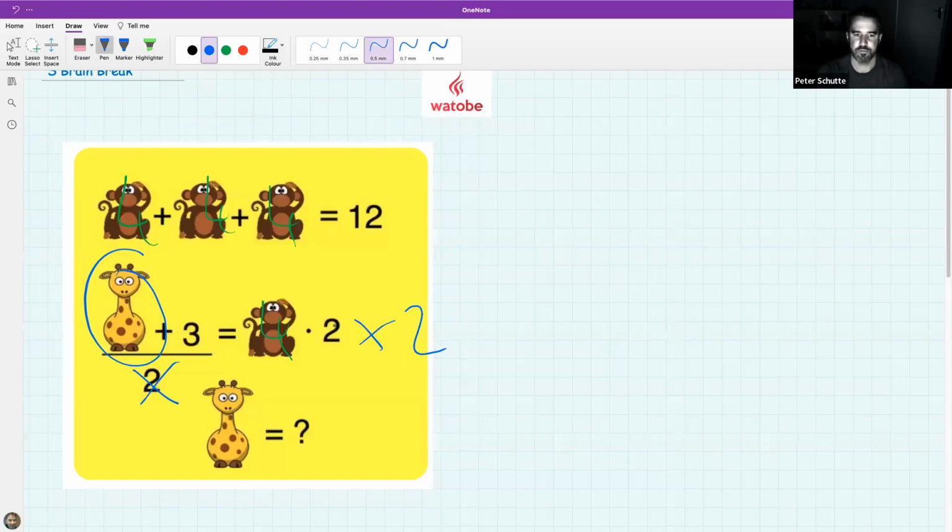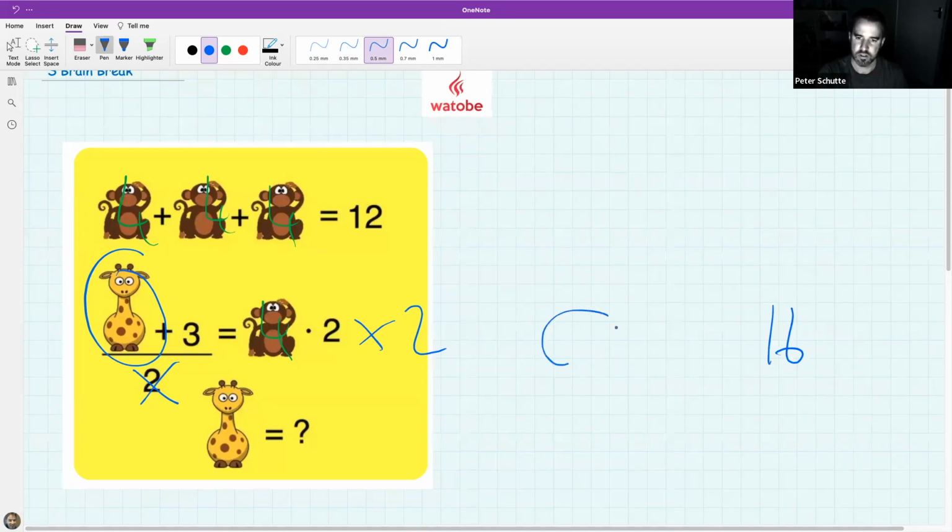So 4 times 2 is 8, times 2 is 16. So I've got a giraffe, excuse my giraffe, plus 3 is equal to 16. So what is the giraffe going to be? It has to be 13.